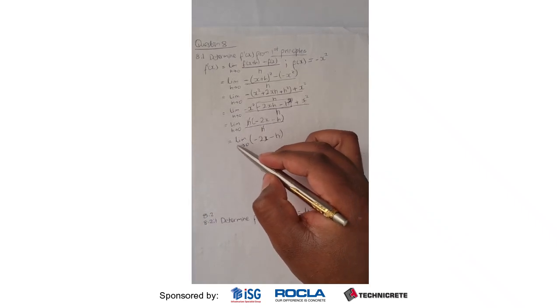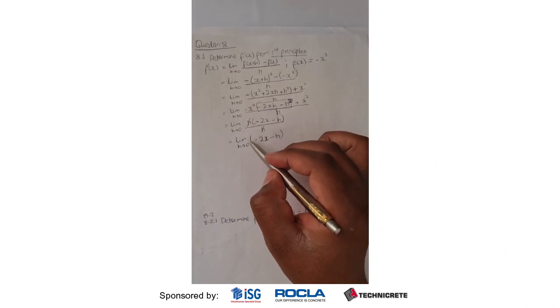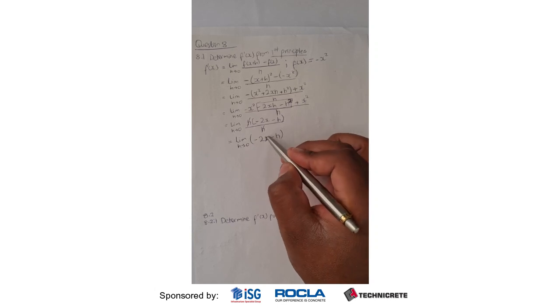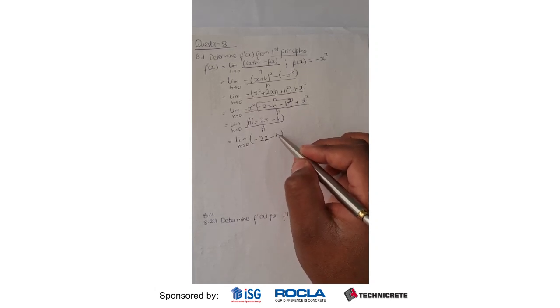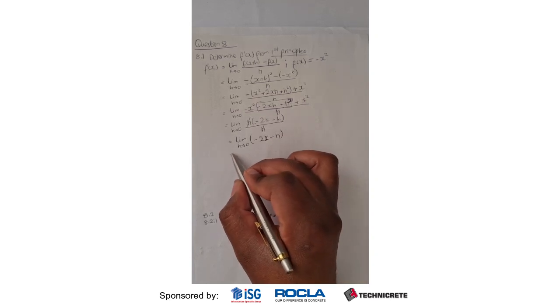Now, when we say the limit of this function as h tends to 0, we mean h gets very, very close to 0, but it never reaches it.